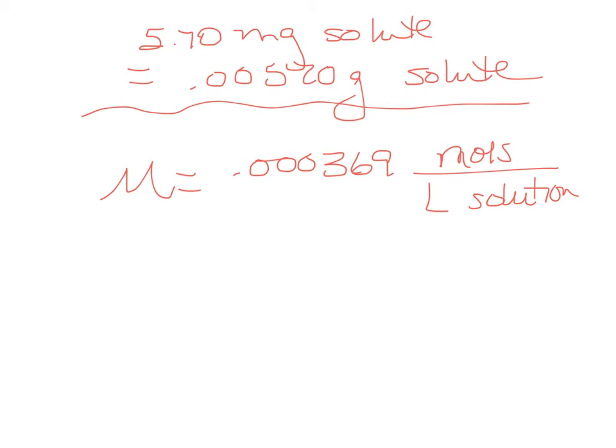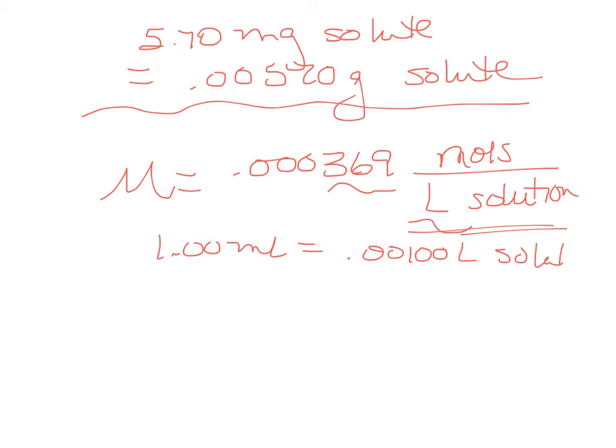All right, so I want moles out of this, but I don't need this liter. I need to get rid of that liter. It so turns out that the problem said there was 1 milliliter of solution. 1 milliliter is how many liters? 0.001 liter of solution. So I'm going to just play with my units here.